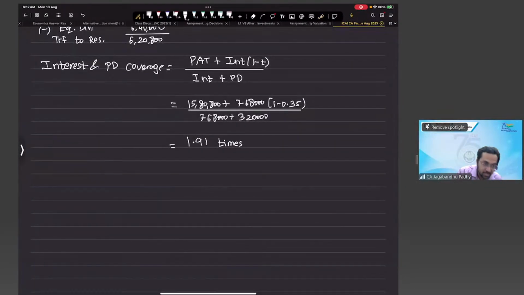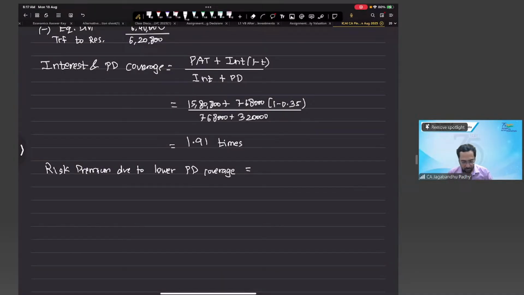So do we need to add some risk premium due to lower coverage? Yes. So what will be the risk premium due to lower preference dividend coverage? This is going to be equal to 3 minus 1.91, because this is the deficit that we have.